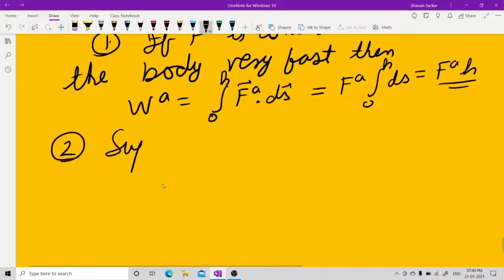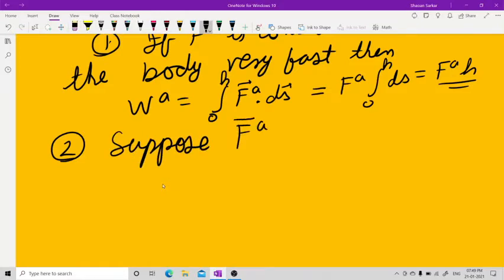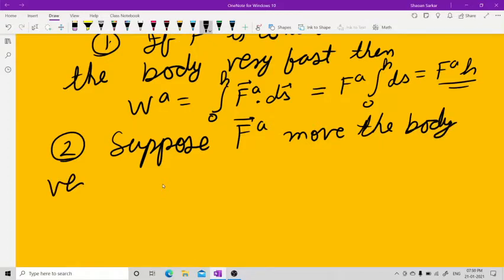Suppose Fa, the external applied force, moves the body very slowly.